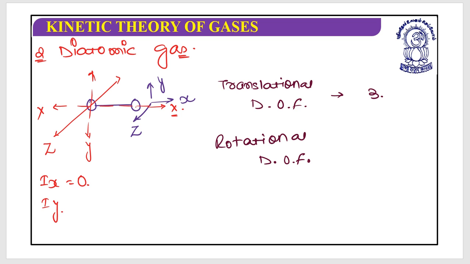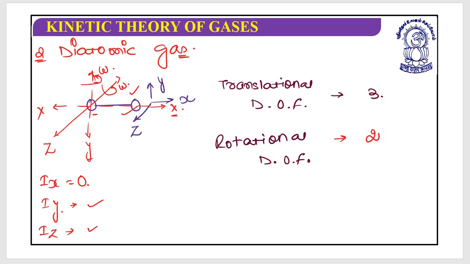I due to Y: you can see this rotational axis passing through this, but this molecule can surely rotate, so Iy would be something. And let's talk about Iz. Again, this rotational axis, it will try to rotate something like this. So this is not going to rotate, but this is going to rotate. So this is again yes. So for the diatomic gas, the rotational degree of freedom will be 2.